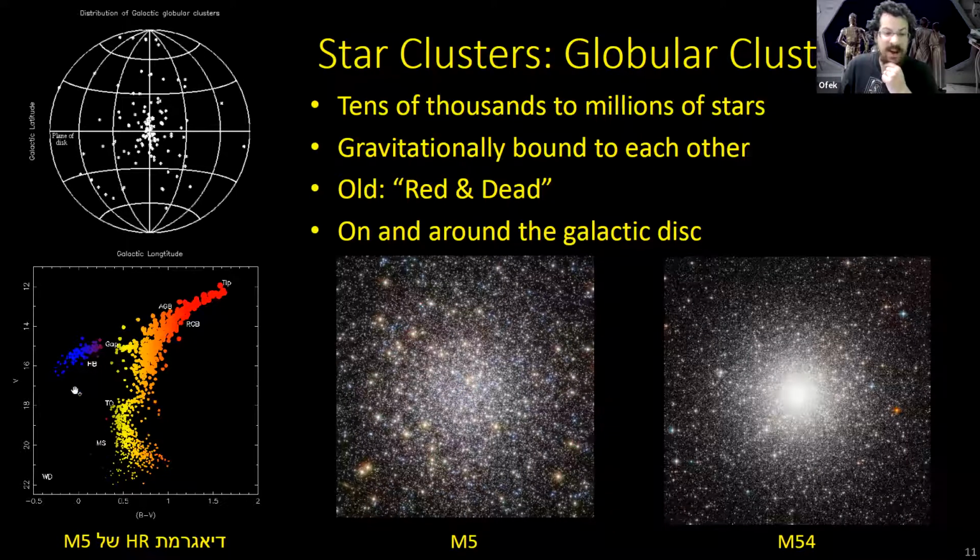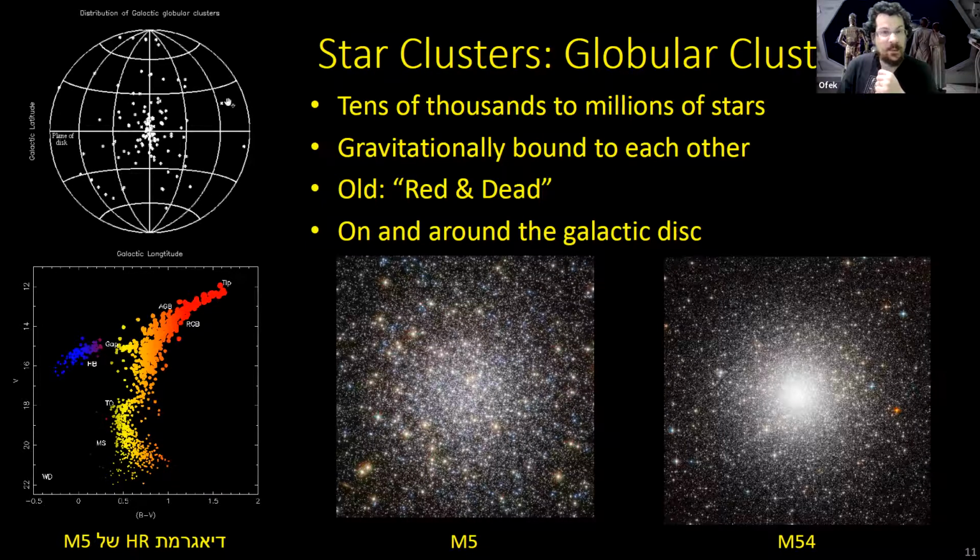There's this gap here on the main sequence of slightly bluer stars, green and blue stars, which is missing from these old globular clusters. So we typically characterize these clusters as being red and dead. Many of them are dead stars, and they're hence much redder than your average main sequence star if you just pick a star at random from the galaxy.